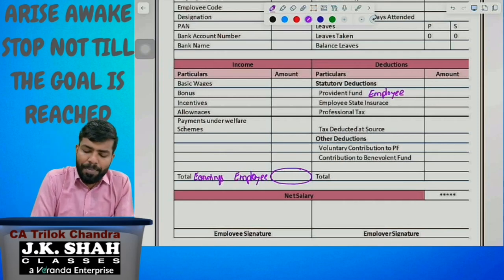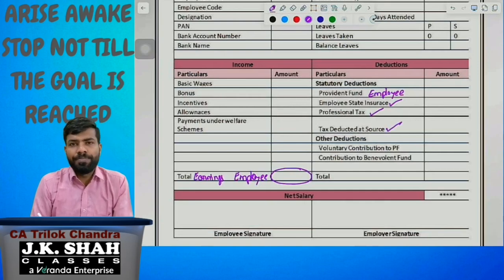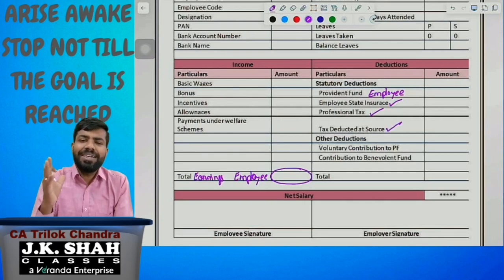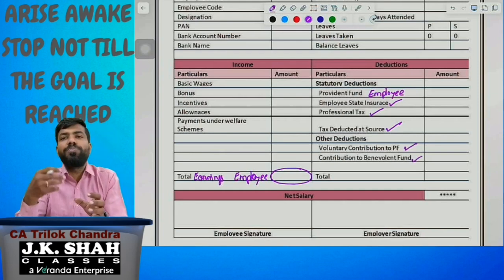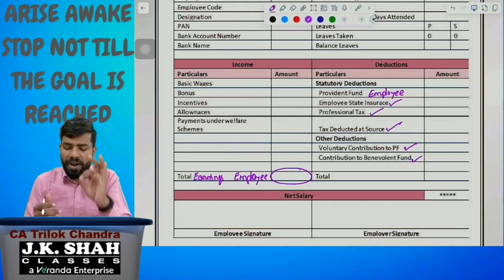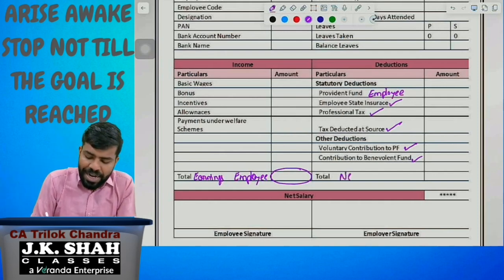So we are deducting the employee's provident fund, employee's ESI, employee's PT, and tax to be paid by the employee. These are all statutory deductions. Other deductions, if any, like voluntary contribution to PF, contribution to benevolent fund, or any advance payment given to the employee, will also be deducted. After that, we get the net earnings.